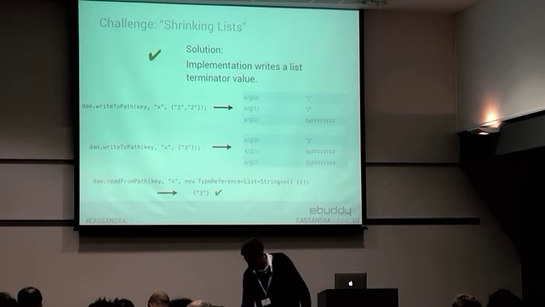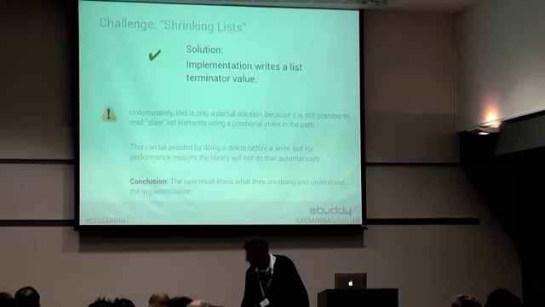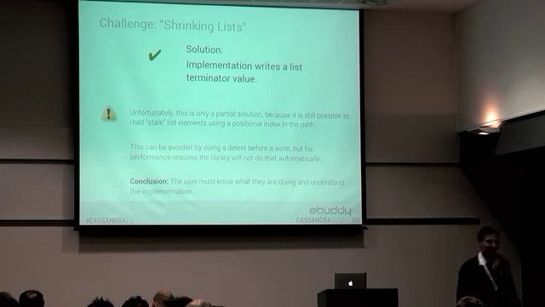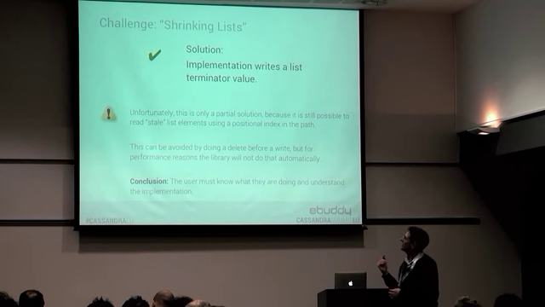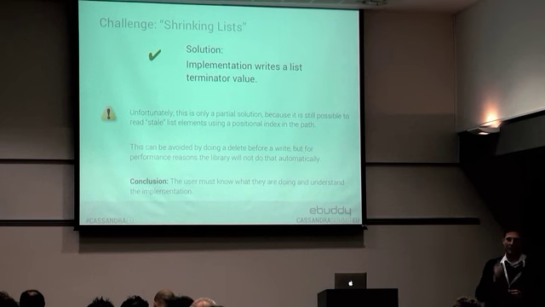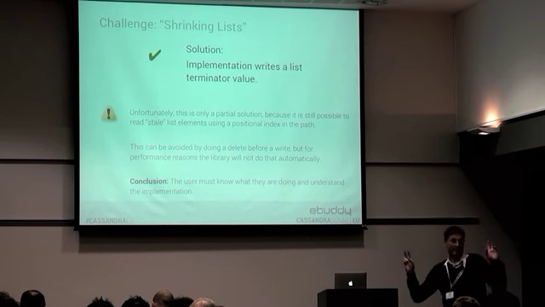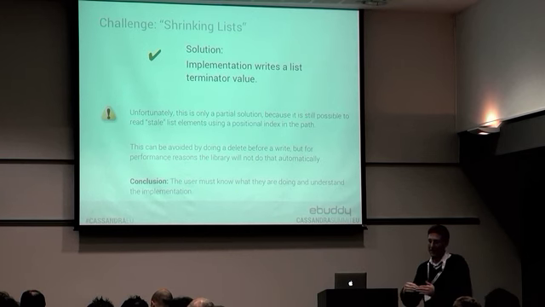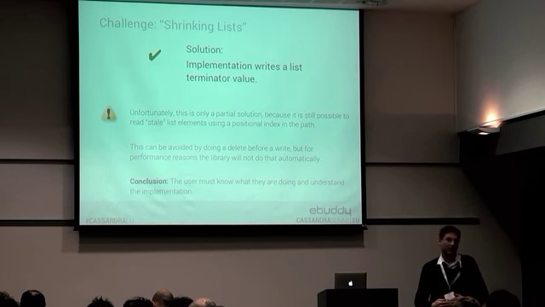Well, unfortunately, it's only a partial solution because it's still possible to read stale list elements using a positional index in the list. So if you specify a list index, it's possible to get back a stale list element that was not intended to have been left behind by someone doing a write.